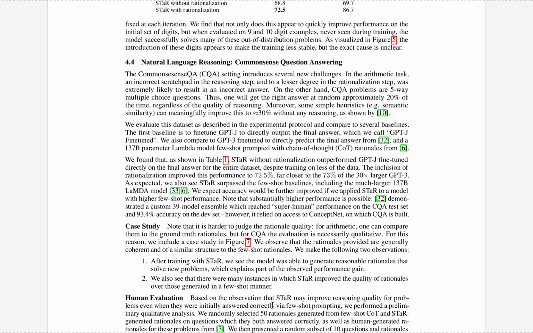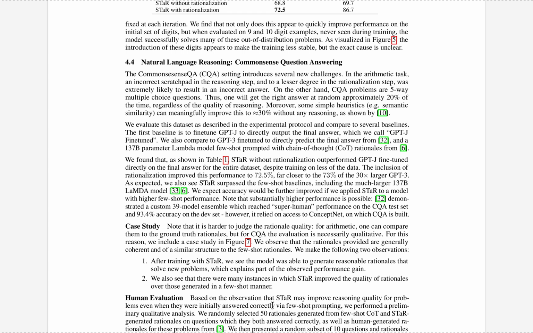4.4. Natural language reasoning: CommonsenseQA. The CommonsenseQA CQA setting introduces several new challenges. In the arithmetic task, an incorrect scratchpad in the reasoning step, and to a lesser degree in the rationalization step, was extremely likely to result in an incorrect answer.